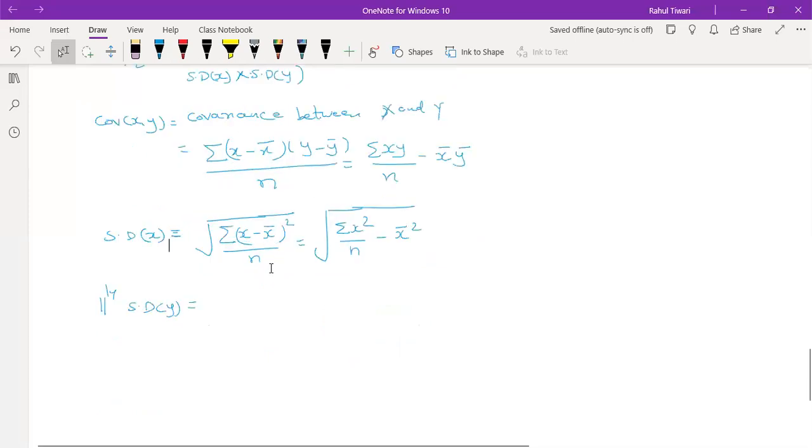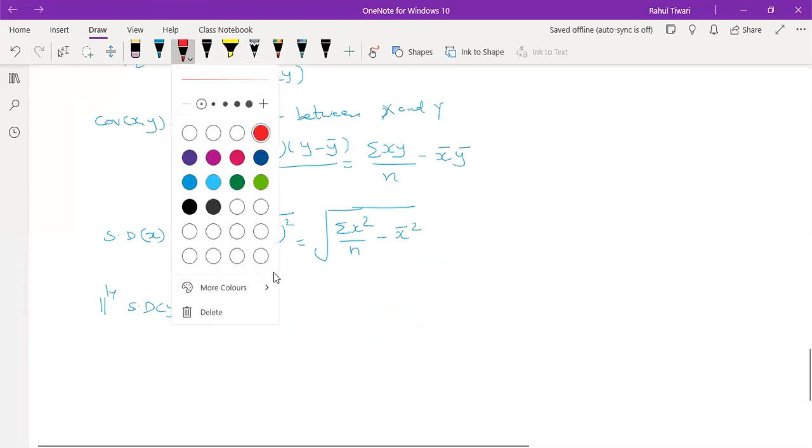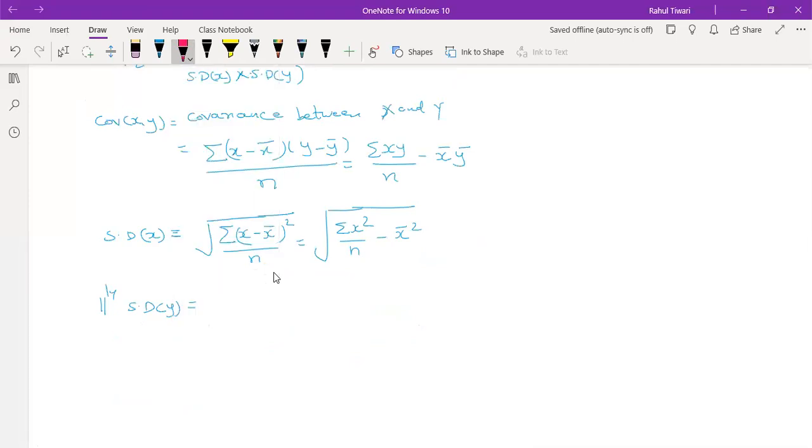Now there are certain interpretations of r which are important to understand.